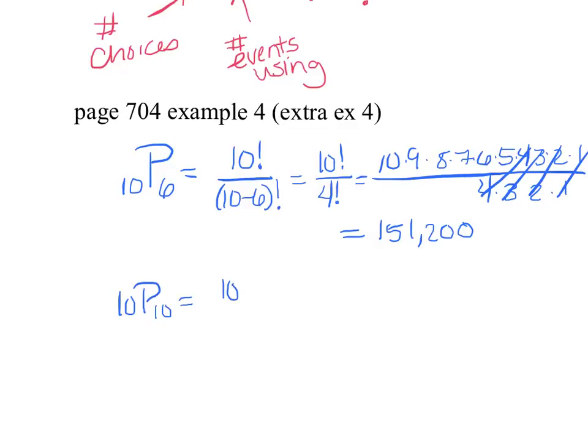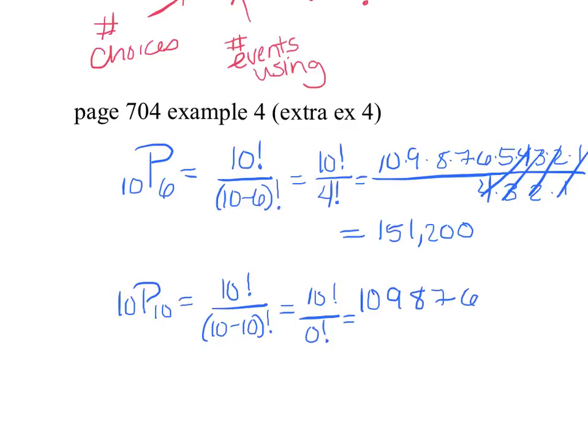So I have 10 factorial on top, and on bottom I have 10 minus 10 factorial. So that means I have 10 factorial on top over 0 factorial. And so you might be saying, well, I know what 10 factorial is, but I don't know what 0 factorial is. And here it is. 0 factorial is just 1.